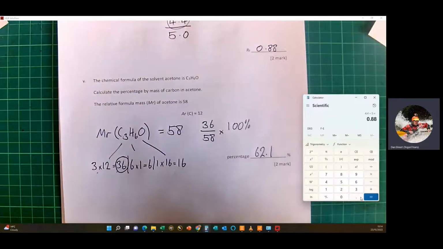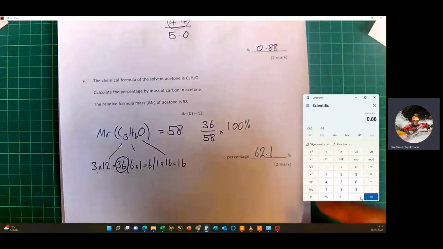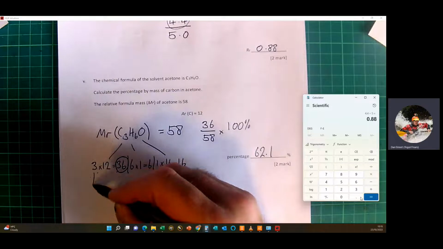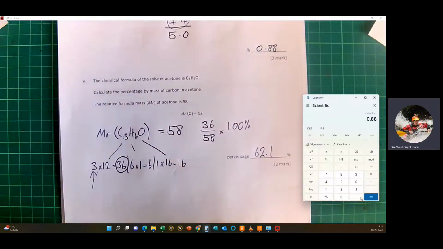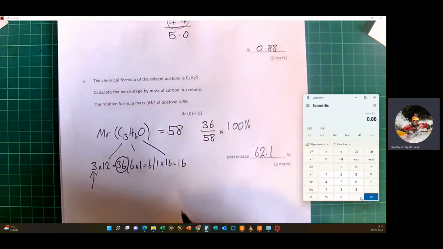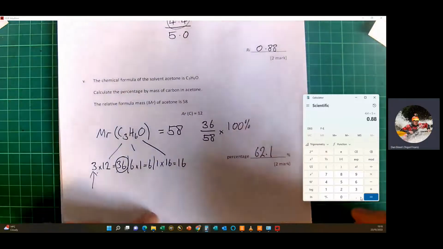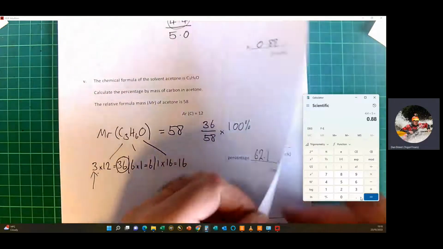Okay, so that's the percentage by mass. Many people forgot to multiply by 3. They used 12 over 58 instead of 36 over 58. So just take care with that aspect of it.